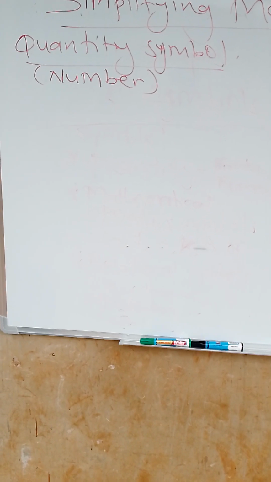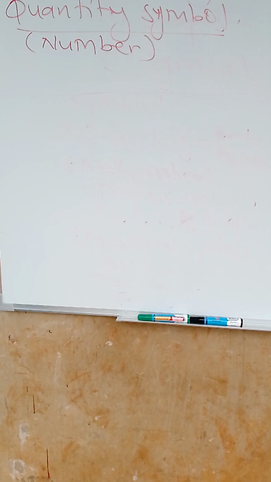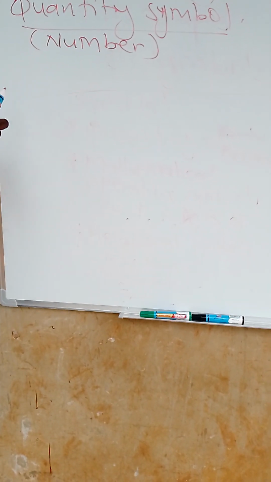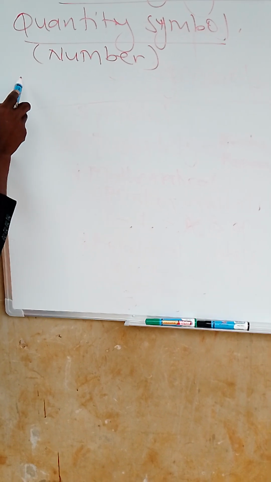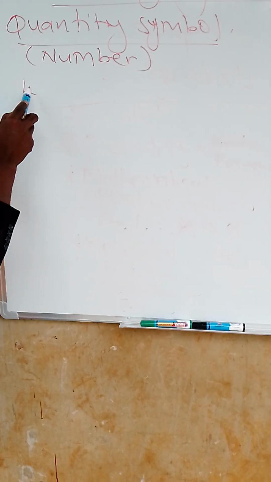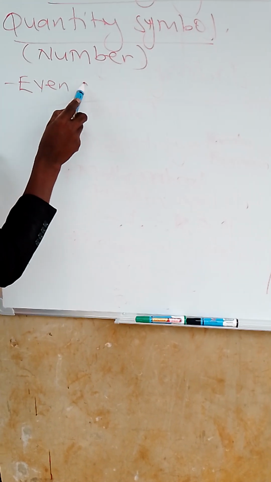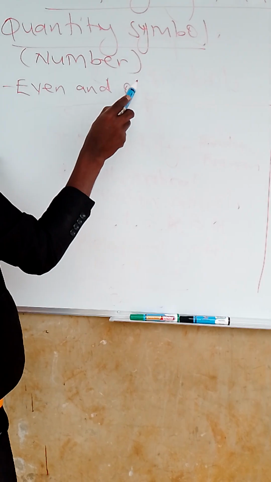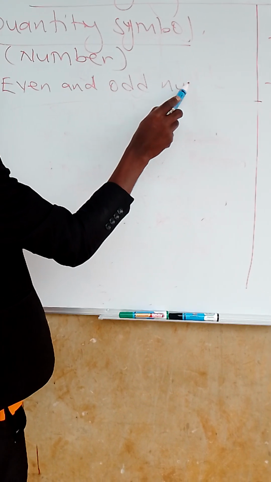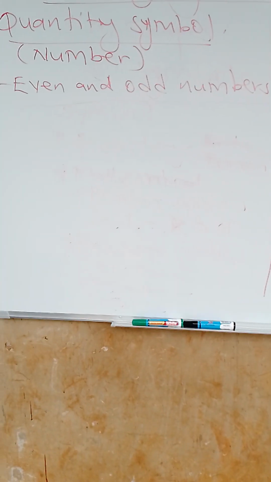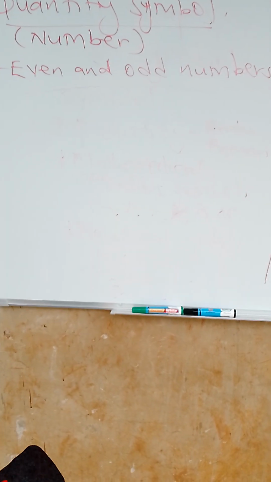We are going to look at some types of numbers. There are what we call even and odd numbers. Particularly, we are going to look at these two.